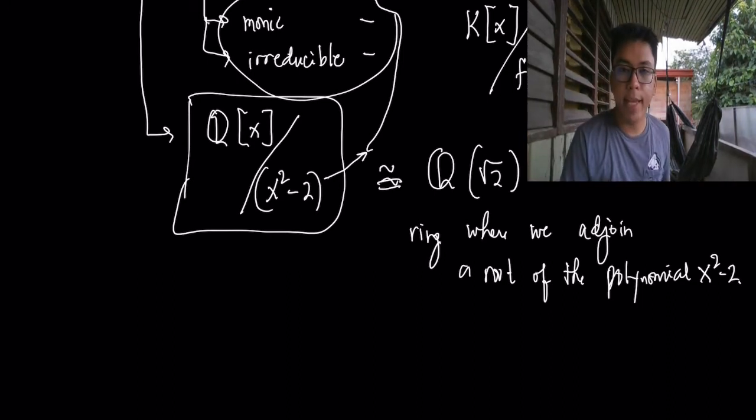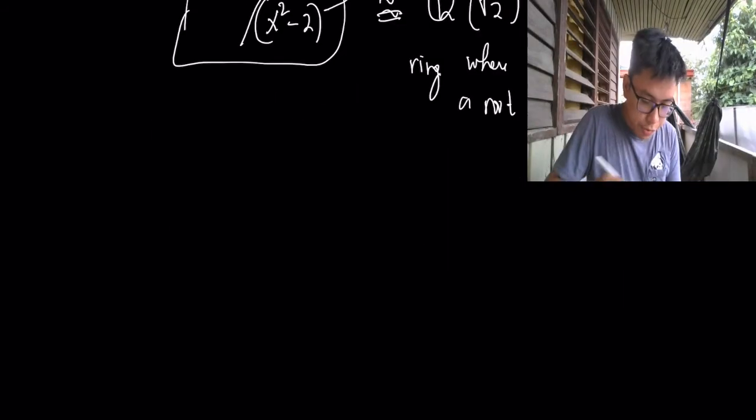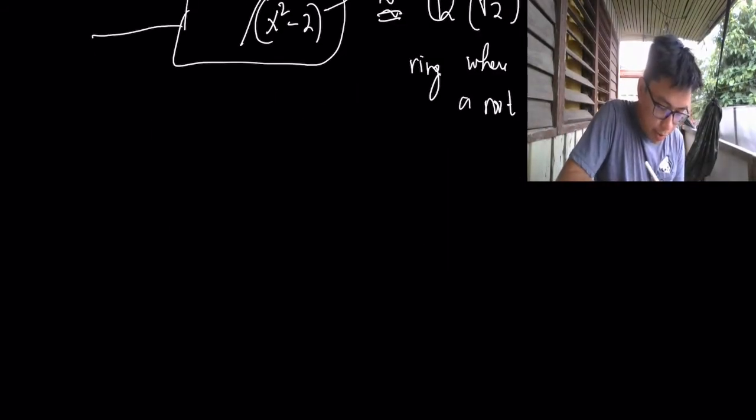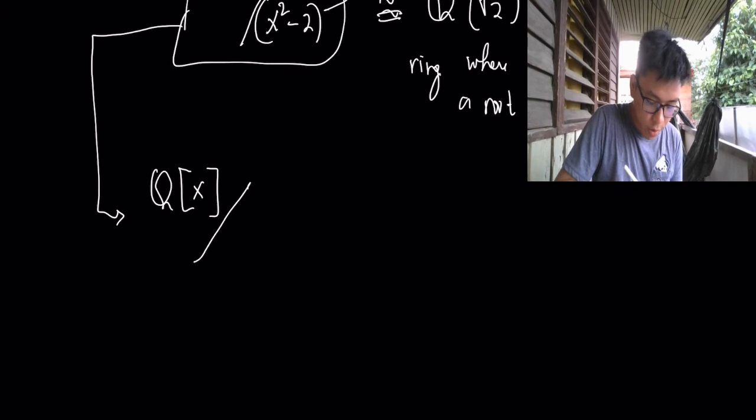That's it. If you have any questions or clarification, you can comment down there so that I would know and we can discuss this thoroughly. So by this form, that's Q square bracket x over x squared minus 2.